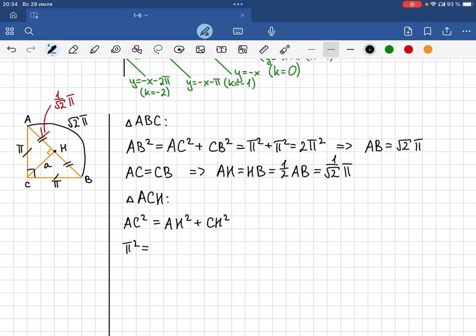So pi squared is equal to (1 divided by square root of 2 times pi) squared plus a squared. So from here we have that a squared is 1 over 2 pi squared. We still want a to be positive, so a is 1 over square root of 2 times pi, which approximately equals 2.2.